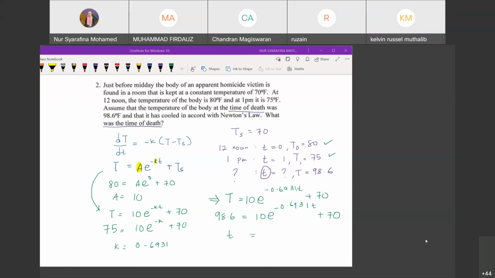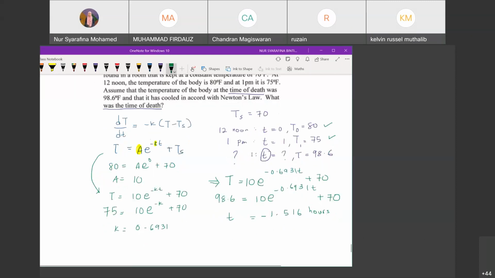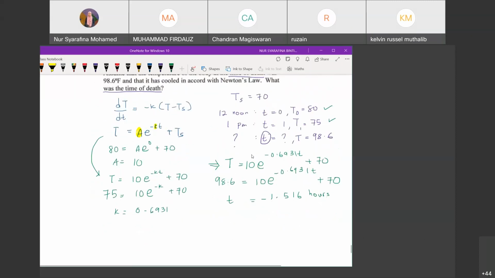Negative. Okay, what is the meaning of this? Look at the timeline. At 12 p.m., the body temperature is 80, right? And then 1 p.m., the body temperature is 75.